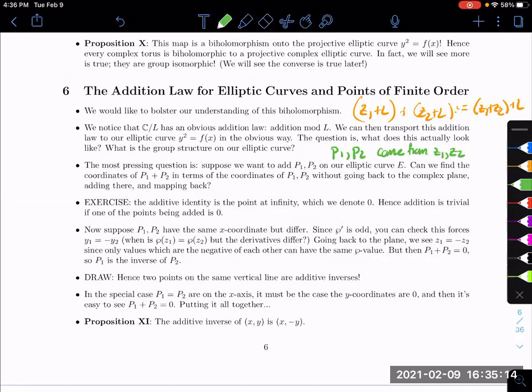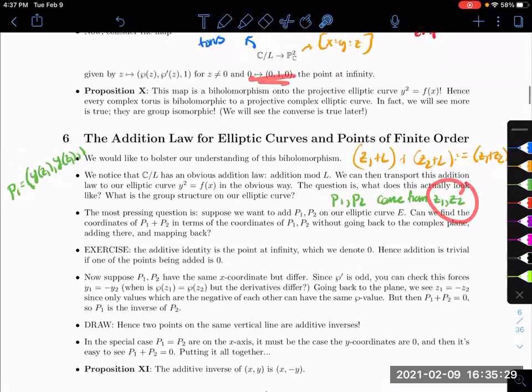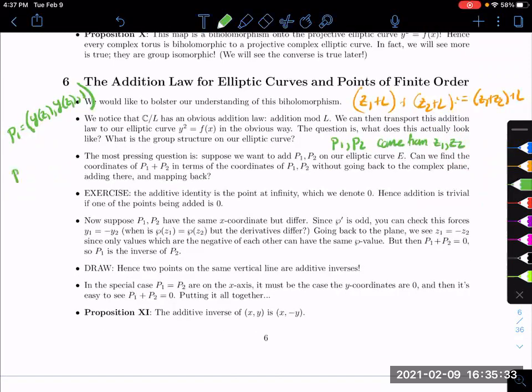That means that P1 is given by phi of Z1, phi prime of Z1, 1. Let's assume for a second Z1 and Z2 are not 0 so that we don't have to worry about the point at infinity. And then P2 is phi of Z2, phi prime of Z2, 1. Again, assuming it's not the point at infinity.